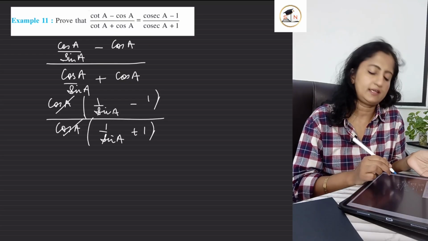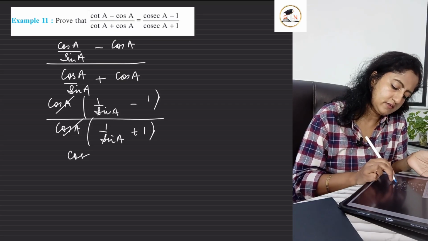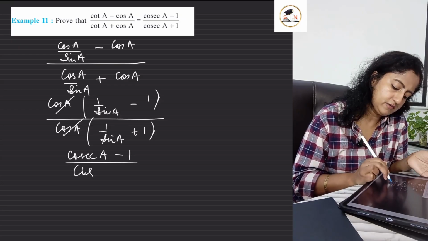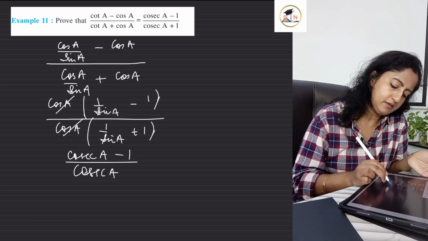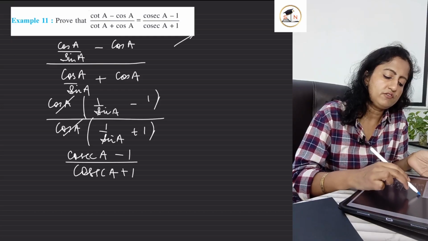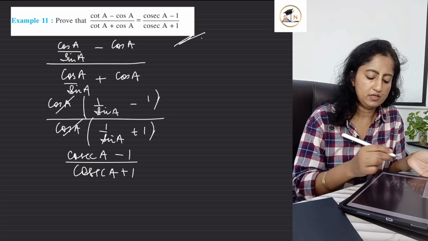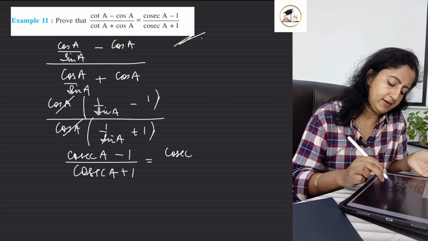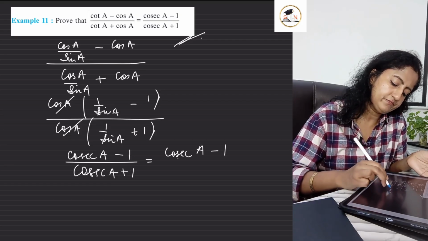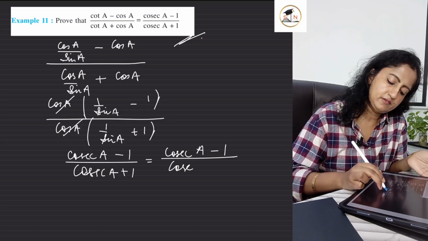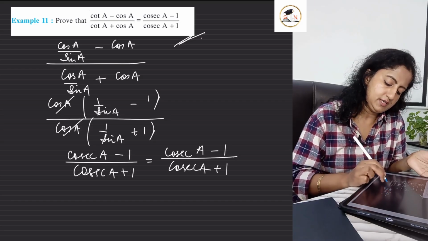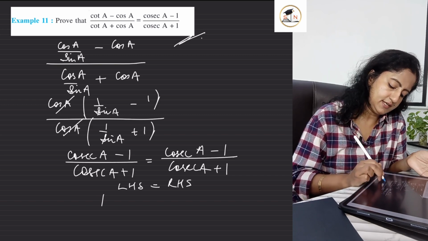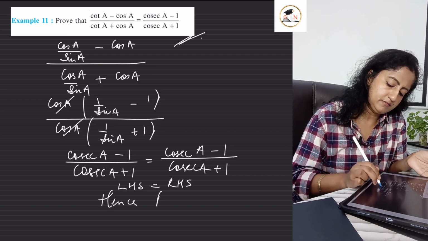Now what is 1 by sin A? That is cosec A minus 1 over cosec A plus 1. And if you see, we just ended the question. We have proved it equal to the right hand side. So I will just wind up my question like that. LHS equals RHS, hence proved.